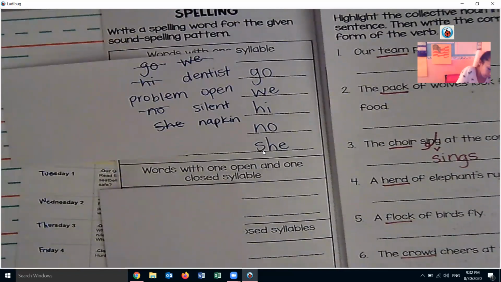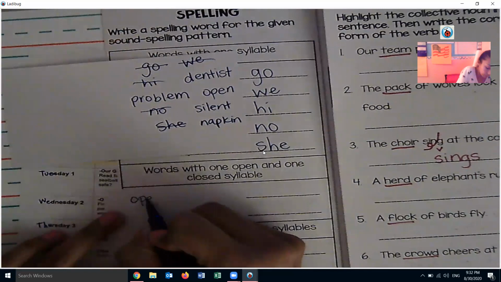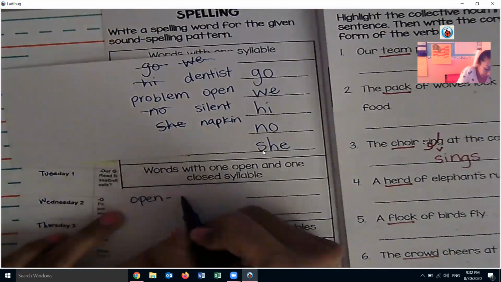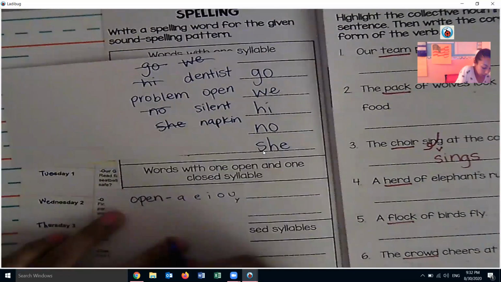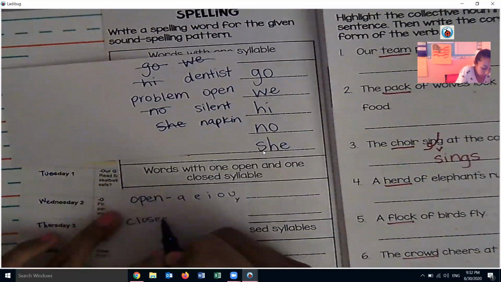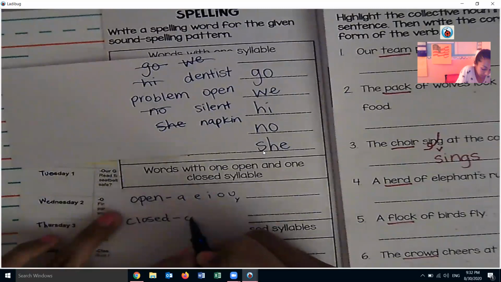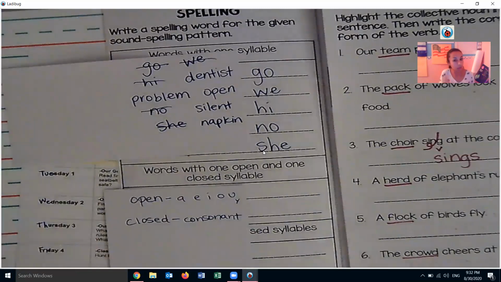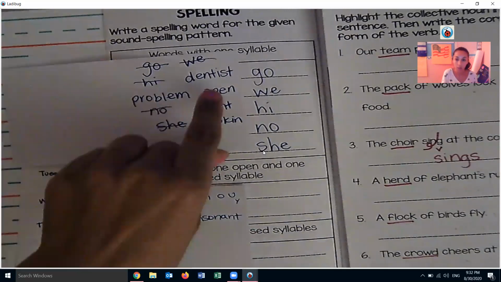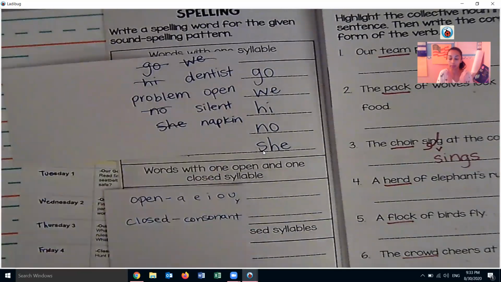Open will mean that it ends in A-E-I-O-U, sometimes Y. And then closed will be with a consonant. Consonant will be closed. So like the word dentist, we're going to figure out where it breaks and then figure out if it's open or if it's closed.